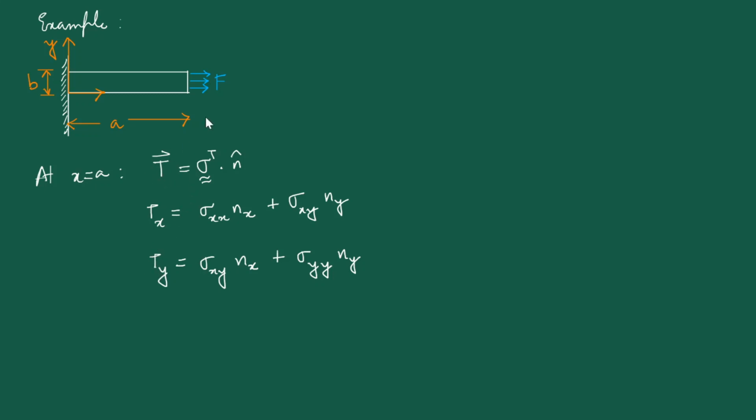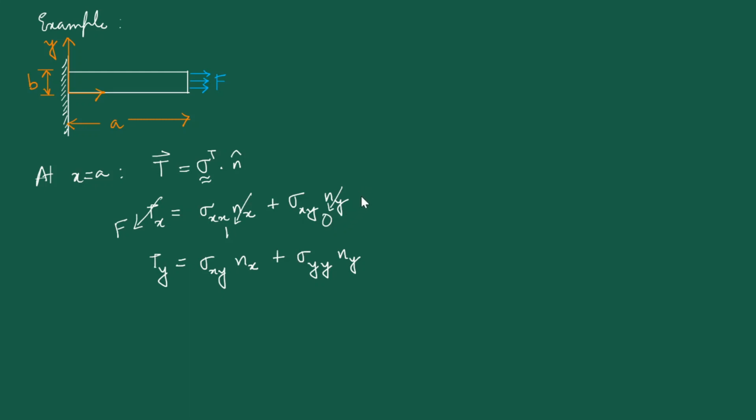Now, when we are talking about the edge x equal to A, you note what this Tx is. The F is like the force per unit area. It is not directly the force. So this Tx is going to be F itself. Now you note that at x equal to A, nx, the x component of the unit outward normal, is nothing but 1, and ny is nothing but 0.